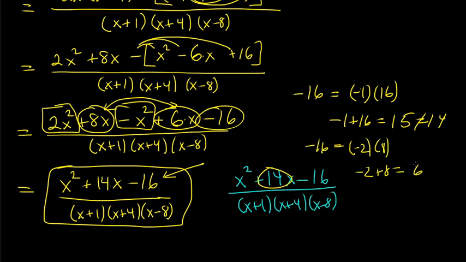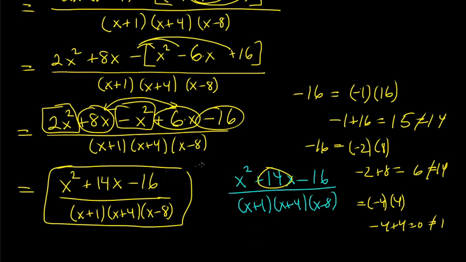I made that mistake earlier. But 6 is also not 14, so there's no match there. And the only other possibility is negative 4 times 4, but negative 4 plus 4 adds up to 0, which of course is not 14. So there is no match here. So the numerator really is prime. It's not factorable. Let me erase the little arrow here.